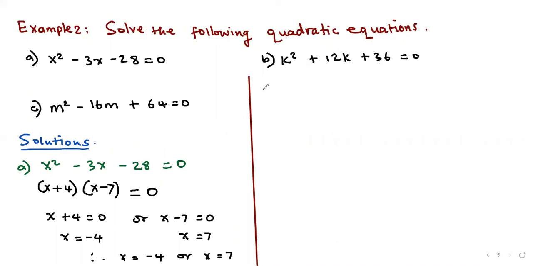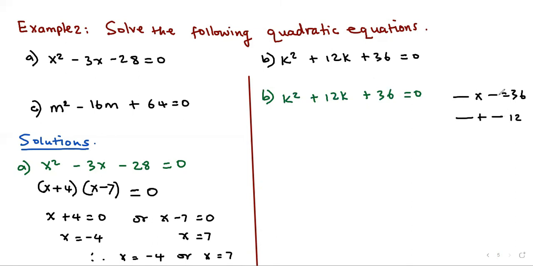In part B, we have k squared plus 12k plus 36 equals 0. Now, also think, which two numbers can I multiply to get 36 and add to get 12?